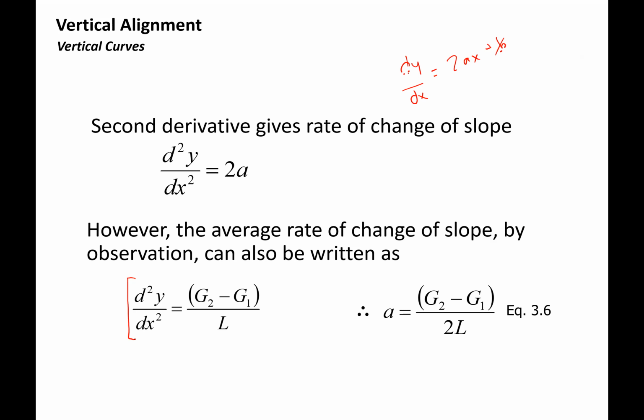If I plug this back in up here, G2 minus G1 over L is equal to 2a. I can rearrange and solve for a, which gives me G2 minus G1 over 2L.